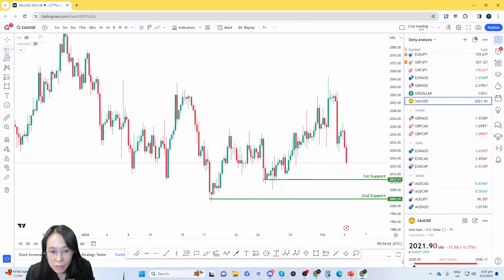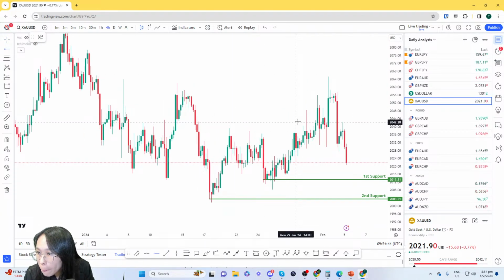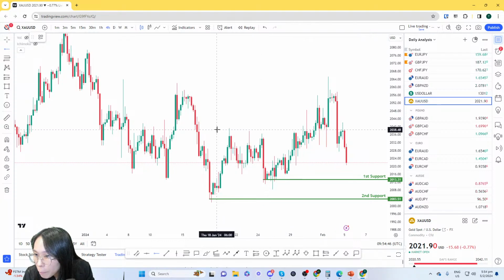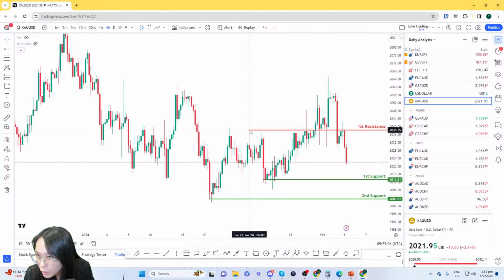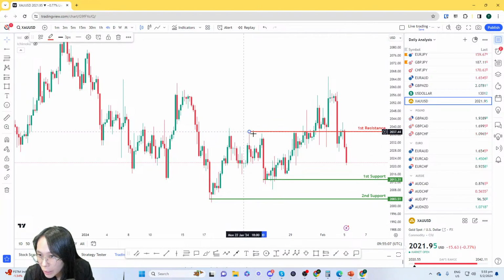And on the resistance side, let me try to connect the levels here. First resistance overlap, this overlap here.